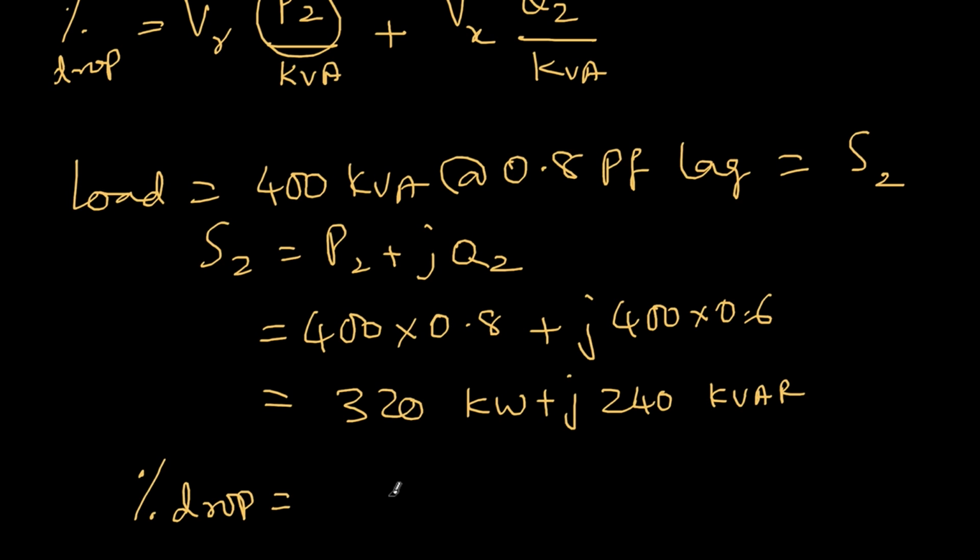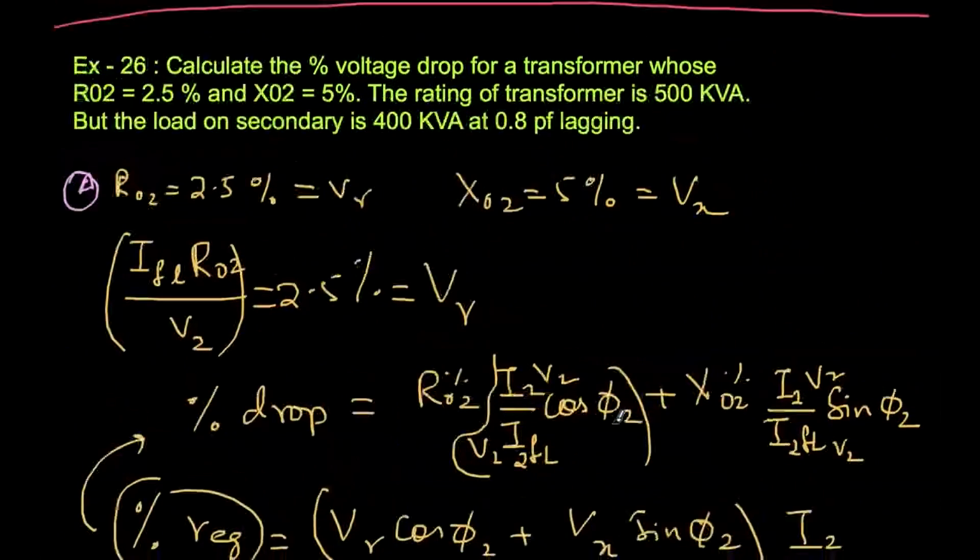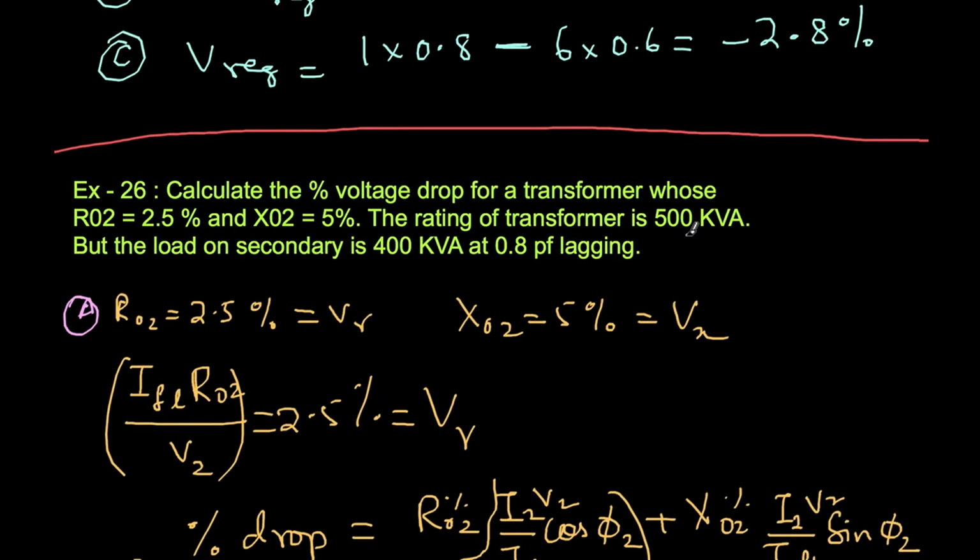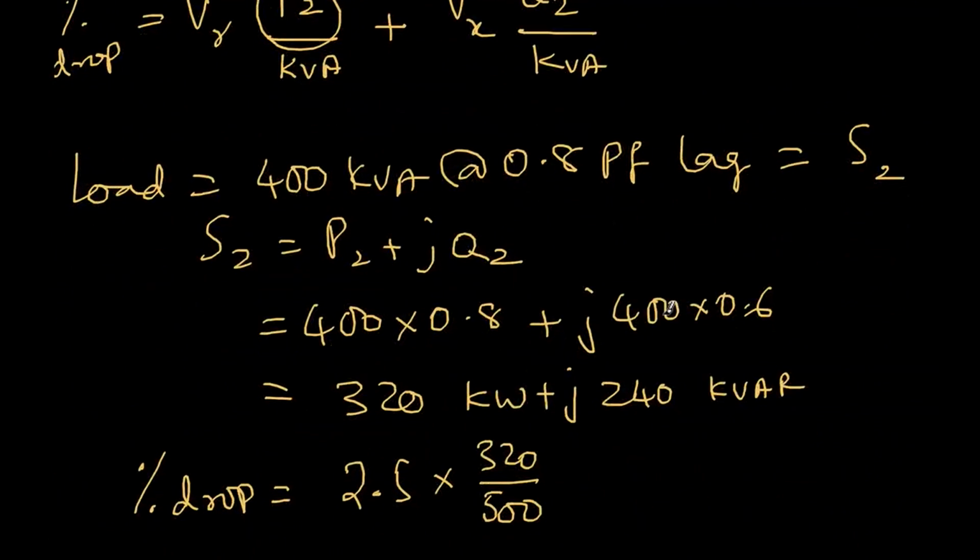The percentage drop will be, what is VR? 2.5% multiplied by 320 by the total, which is 500, the rated kVA given in the question. So the rated kVA of the transformer is 500, and that will come here.